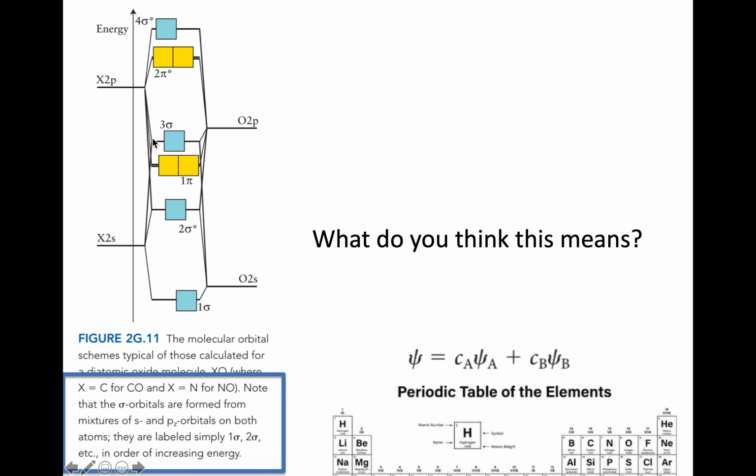So this 3 sigma is a sigma orbital that's predominantly coming from the oxygen 2p, but I don't want to ignore the contribution from the oxygen 2s. Its closeness in energy to the 2p is telling me that the oxygen 2p has a greater contribution, but there is somewhat of a contribution from the 2s. That's what it means when we see a particular molecular orbital with lines going to more than one atomic orbital.